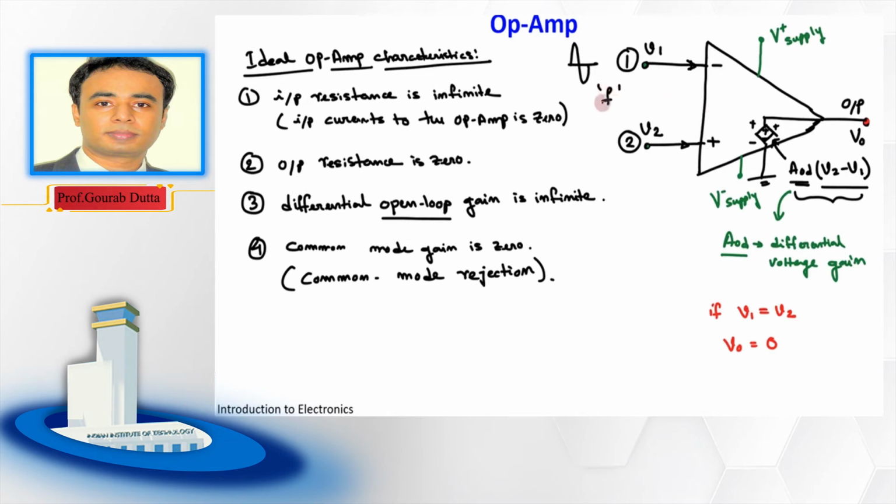What is the range of frequencies that this op-amp can handle, meaning I can fruitfully get the output? Because we have already covered the filter part, you know what bandwidth is. So for ideal op-amp, the bandwidth is also infinite.